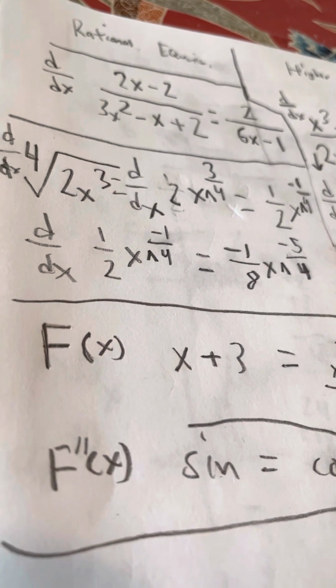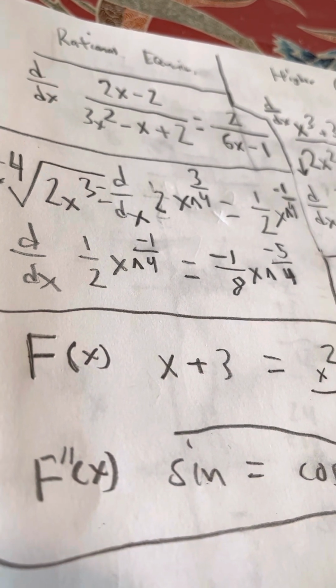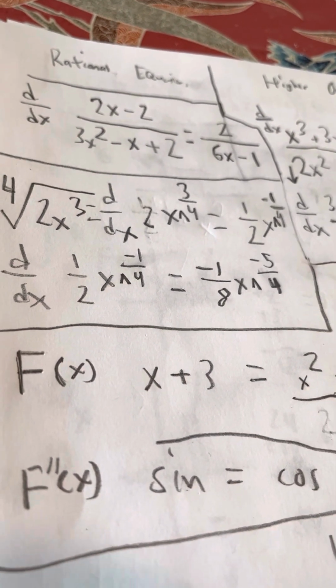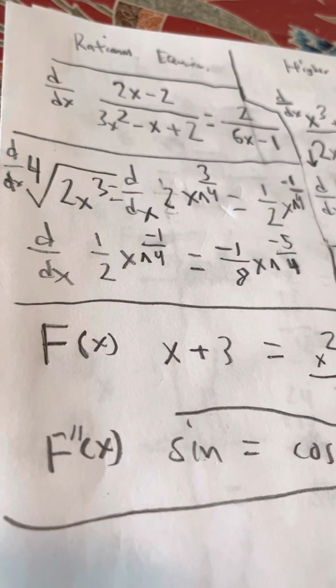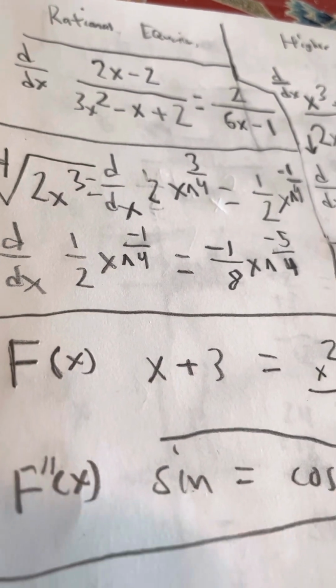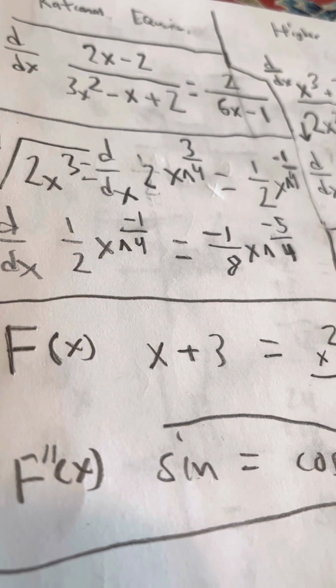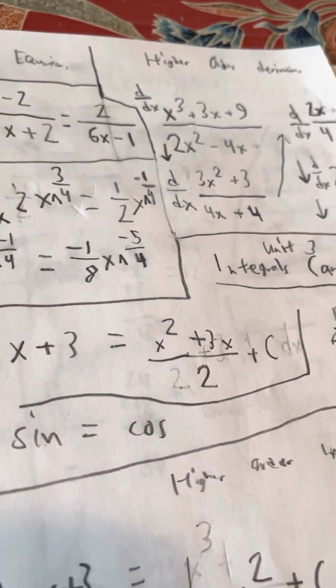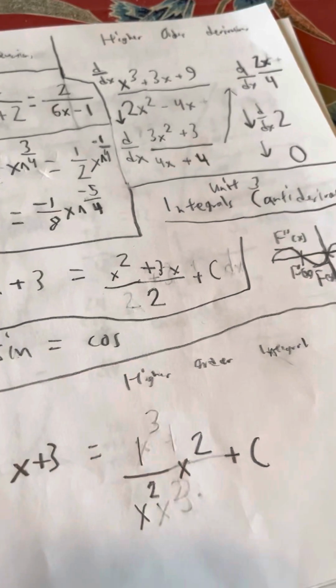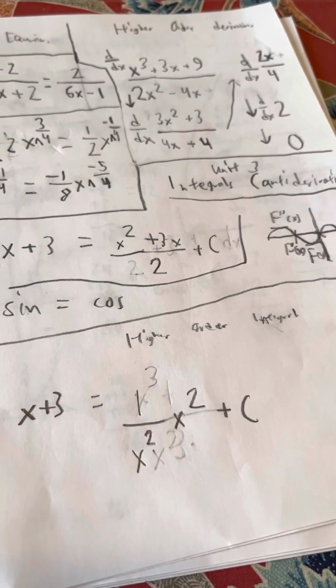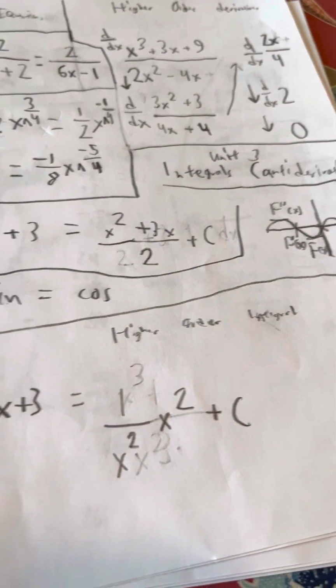Then take the derivative of that, half x raised to the negative 1/4, you get negative 1/8 x raised to the 5/4. That's the second derivative. Then there's Unit 3, integrals, antiderivatives.